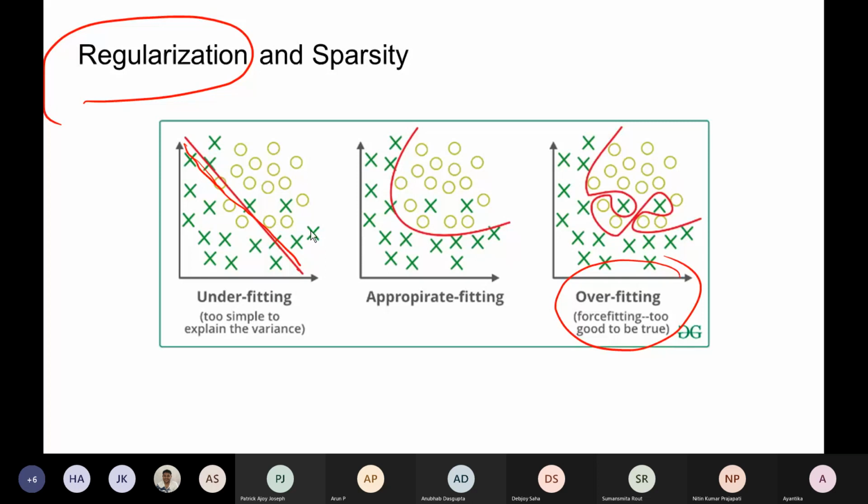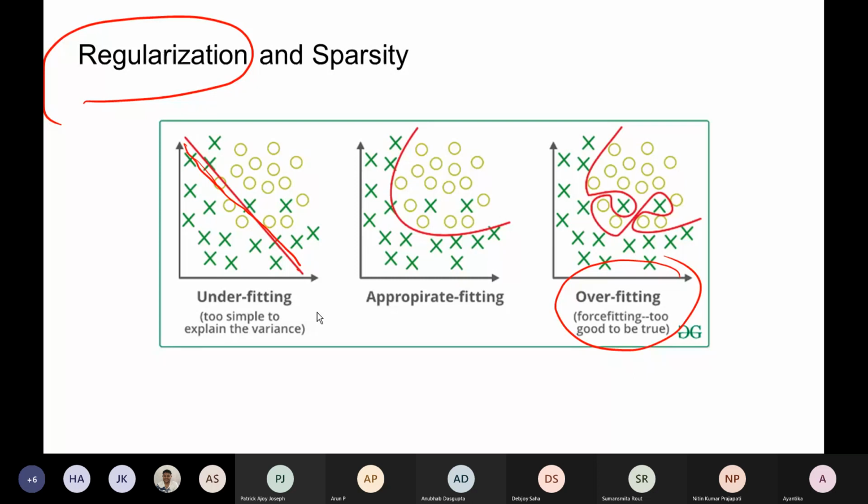That means maybe I have to train more, add some extra data, extra features, and then tune the model to get the exact parameter values, maybe if it is a straight line, its exact slope, etc. While we are talking about appropriate fit or perfect fit, there in both training and testing phases, the errors are not so high.